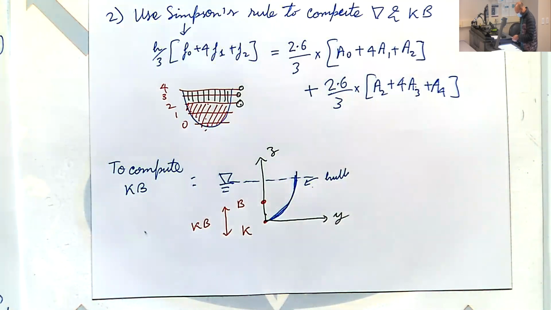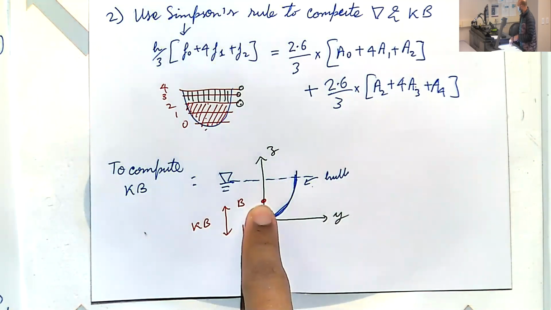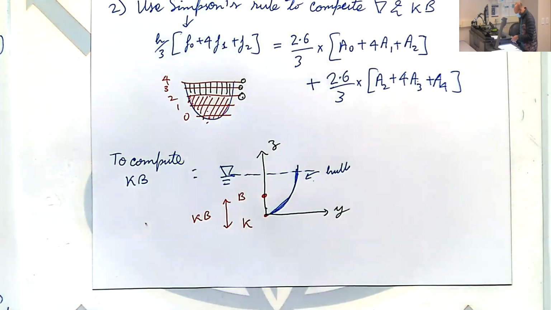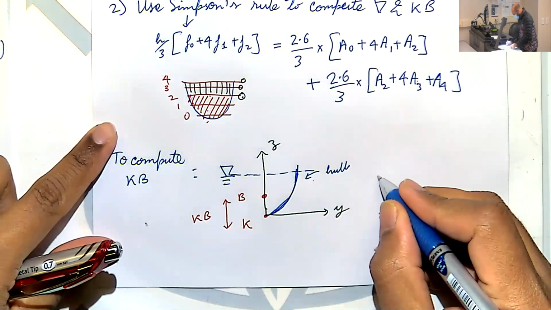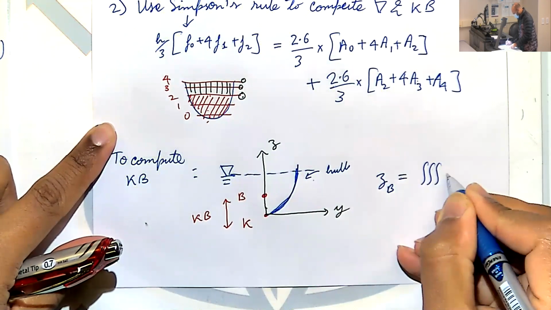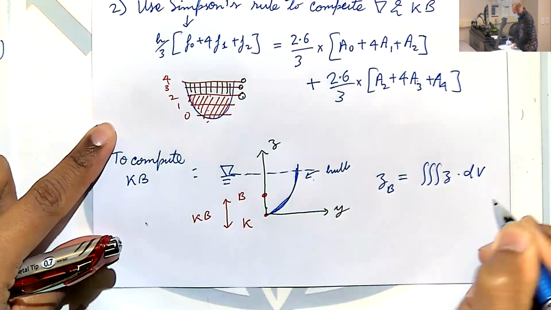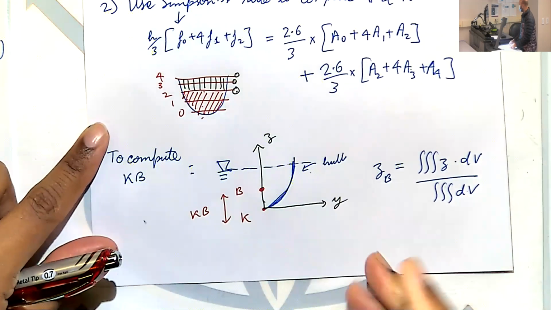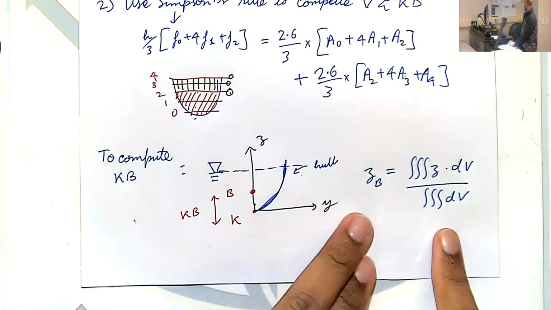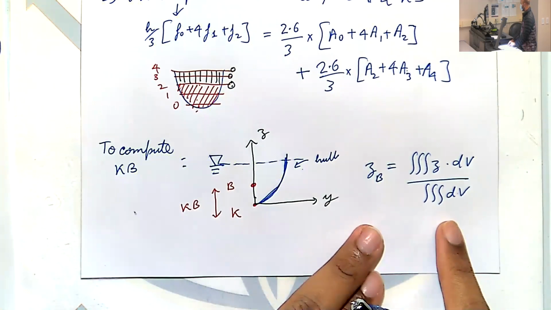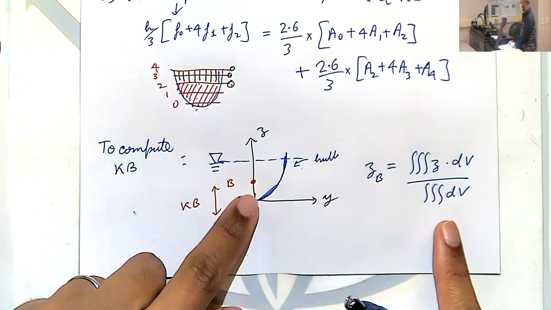So B is, remember, it's the center of the submerged volume. So if you remember, we wrote, well, we can write ZB as Z times dV over dV. This is exactly the same as if you were doing area centroid. Now you're doing a volume centroid.